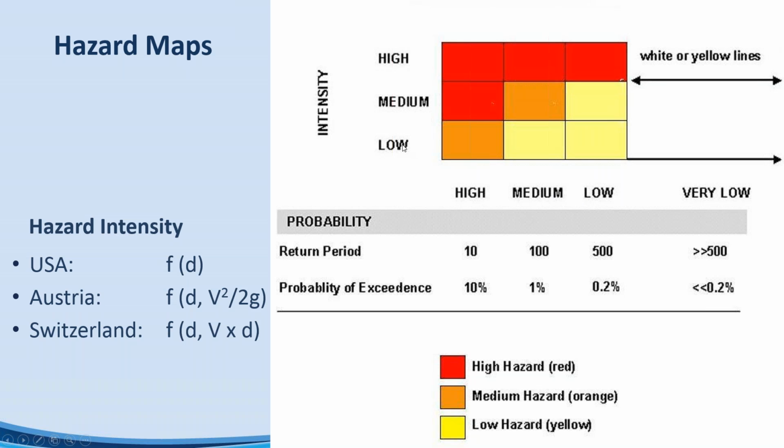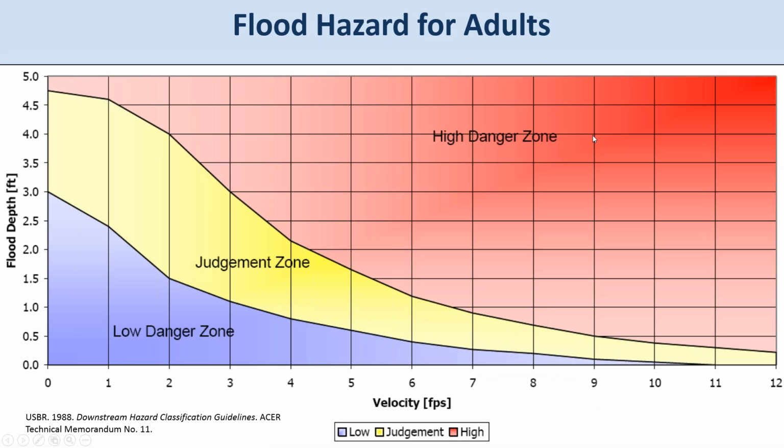So a high intensity map and a high intensity, high frequency event means that you're going to have a high hazard for a lot of the events, because this is a very frequent event, like the 2-year event. If it's an infrequent event, here it might be like the 500-year event, the probability of exceedance is low. So the actual plot might be a low hazard. So you'll see that in a minute.